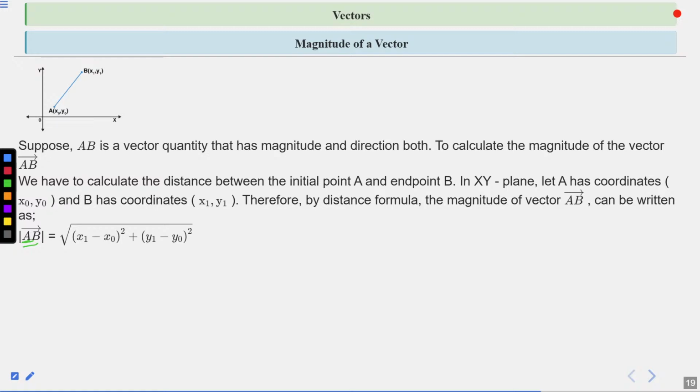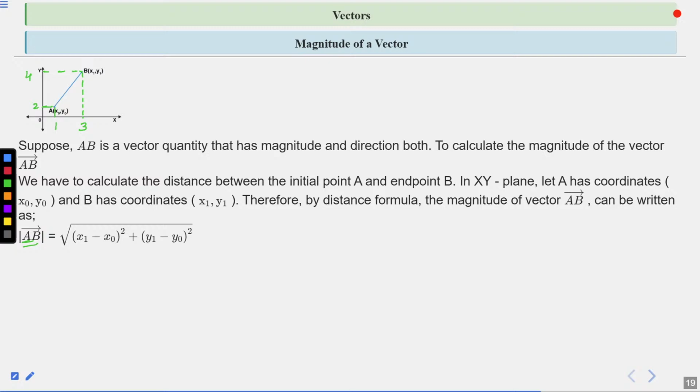Suppose first we find x0 and y0. Suppose x0 is this one and the value is 1. Solve this with me. Similarly y0 is 2. If we talk about x1 and y1, x1 is 3 and y1 is 4.